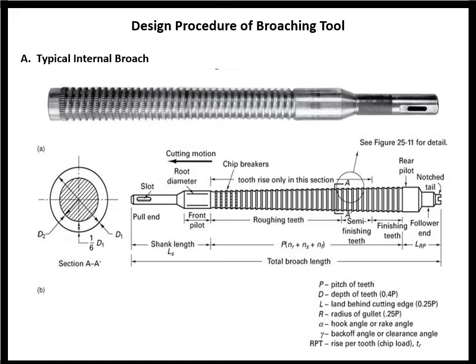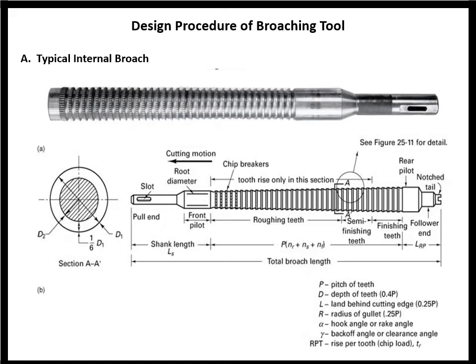In between the pull end and the follower end lie the cutting teeth: three sets of cutting teeth, roughing teeth, semi-finishing teeth and finishing teeth. Invariably the roughing teeth will be of smaller diameter and larger pitch, as we have discussed.